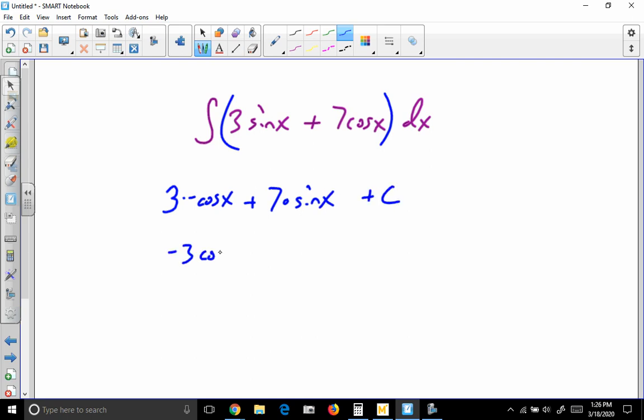So minus 3 cosine plus 7 sine plus c. So for any trig function, if we know the derivative of sine, cosine, tangent, secant, cosecant, cotangent, then if we take the antiderivative of what those came out to be, then we know where those came from.